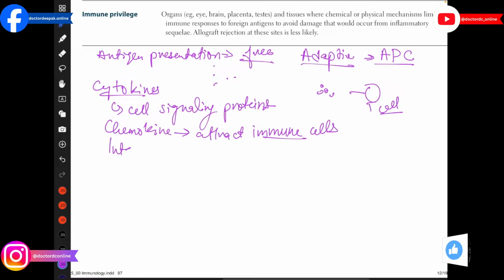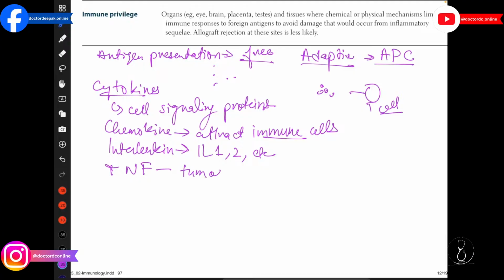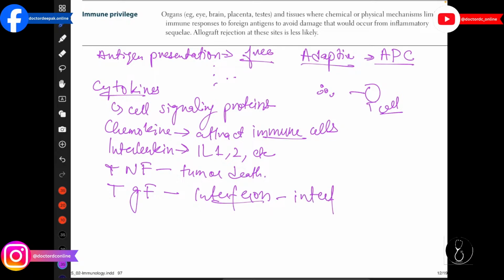There are interleukins, like interleukin 1, 2, etc. Tumor necrosis factor can cause tumor death. We also have transforming growth factor, and interferon. Why do we say interferon? Because they interfere with viral replication.